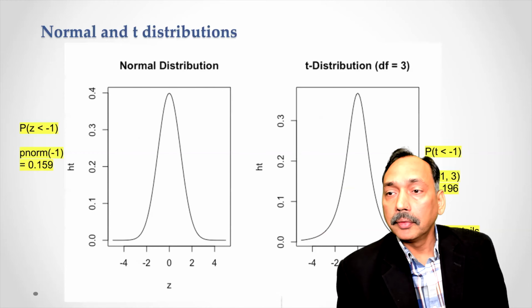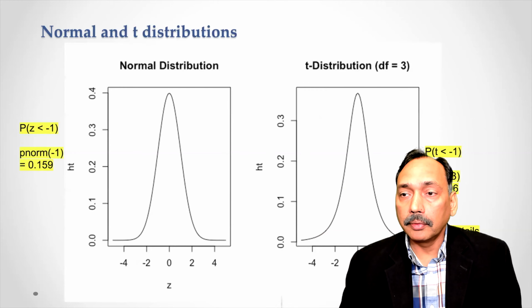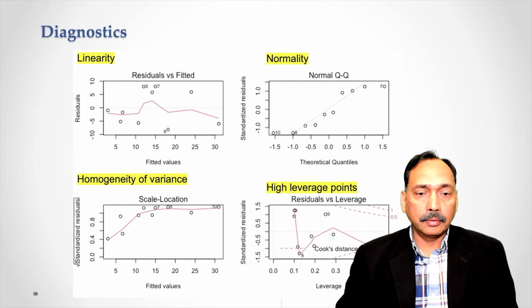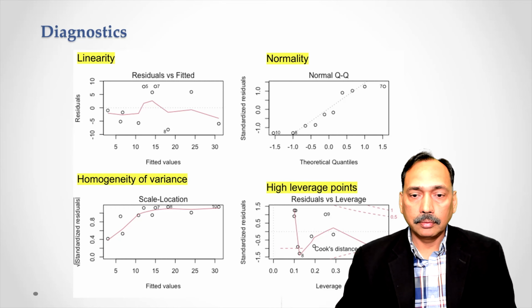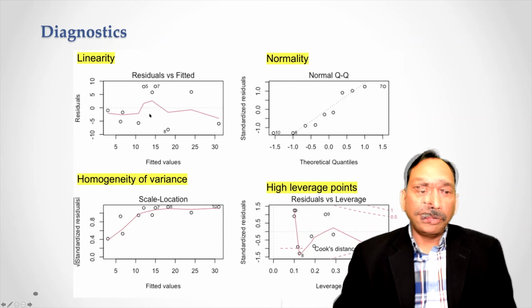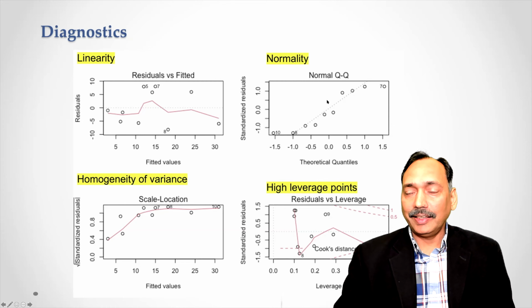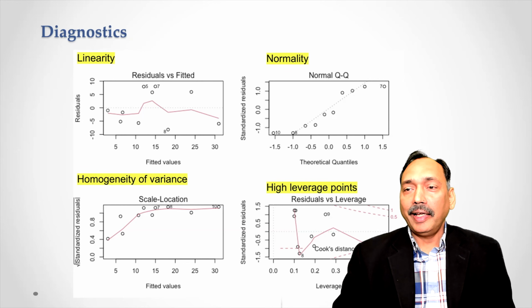Professor, sorry, one quick question. Why is 8 highlighted in the normal QQ plot? I know 10 and 7, they're far away from the dotted line. Maybe that's why, but what about 8? In all four plots, the default setting is 3, and it highlights 3 points on the extremes.